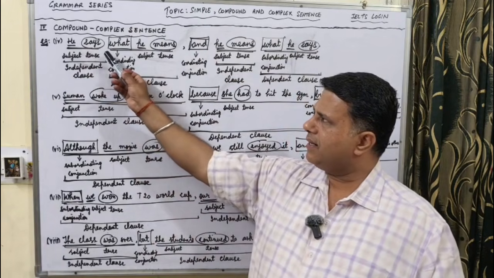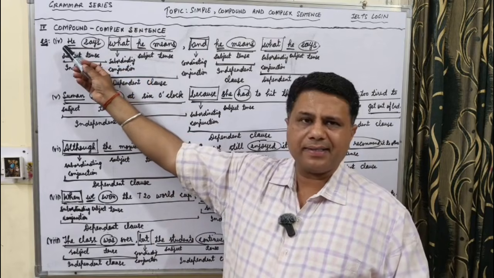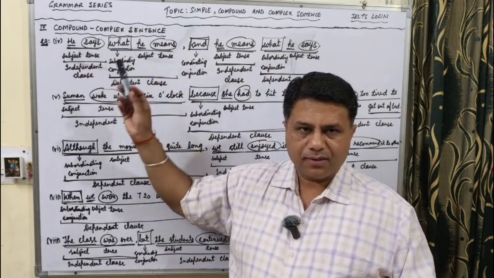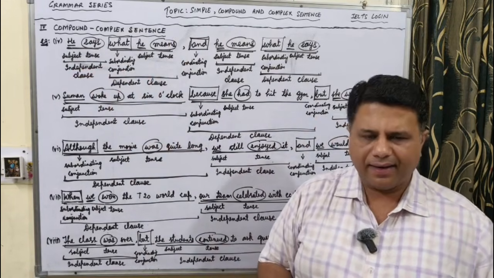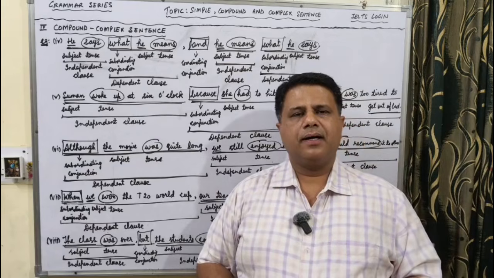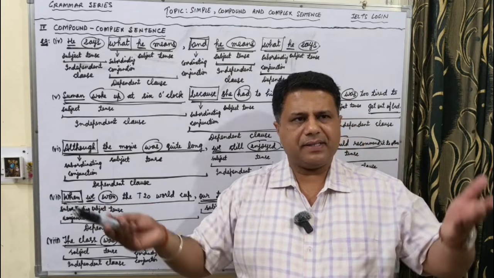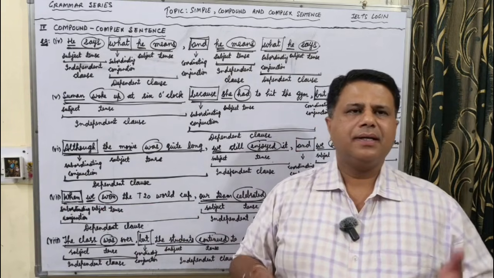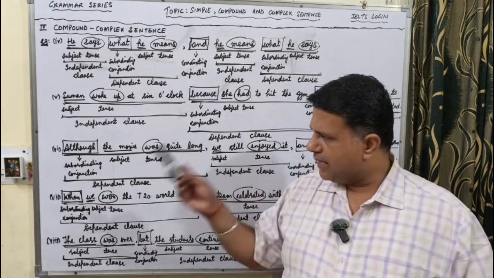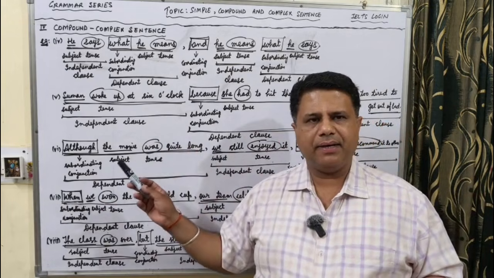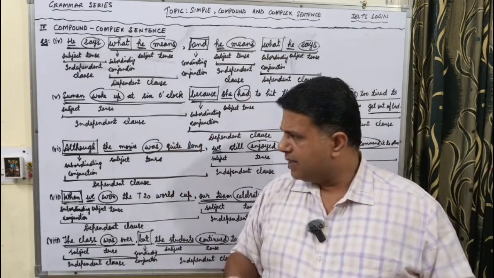So the whole clause is underlined and the subject is underlined separately. Just to have better clarity of the clauses, and obviously when we talk about a clause, a tense element has to be there. That's why I have highlighted the tense element separately with a circle.